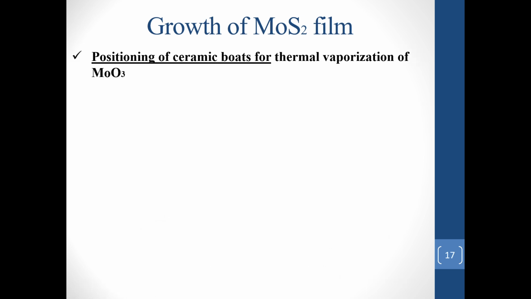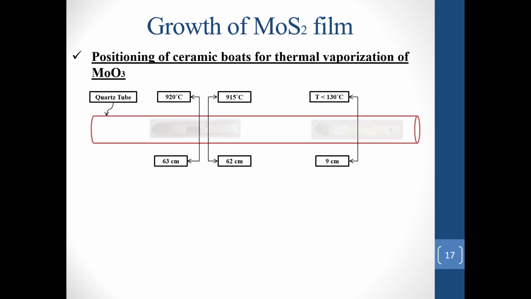Now, positioning of ceramic pots for thermal vaporization of MoO3. As I mentioned, we have to evaporate our MoO3 precursor. So for that you can see here we have the boats. We have sulfur in this boat, which is at less than 130 degrees Celsius, and this is placed at these positions which I mentioned before inside the quartz tube, and the distance between the silicon substrate and the MoO3 precursor is just 1 centimeter.